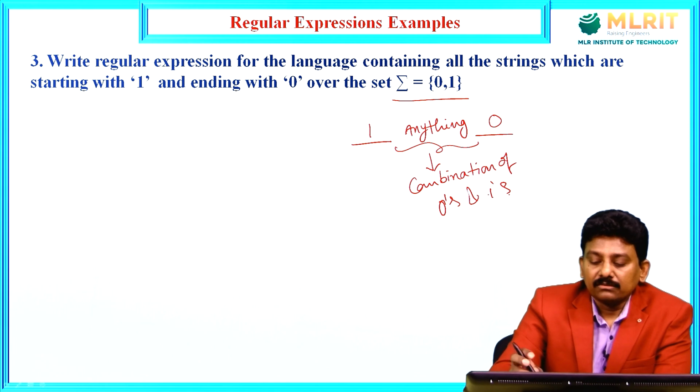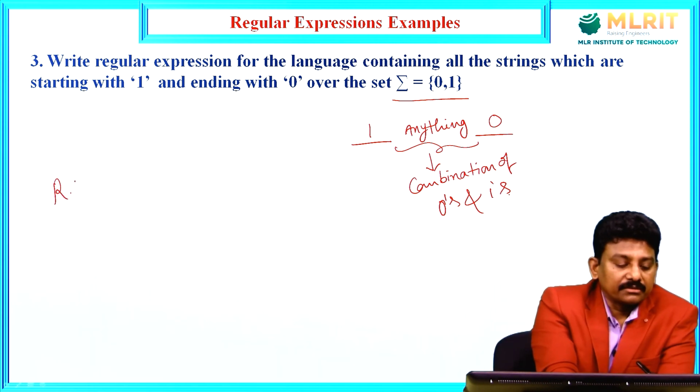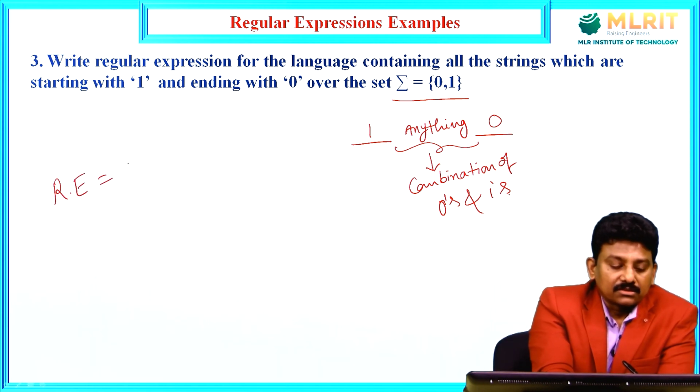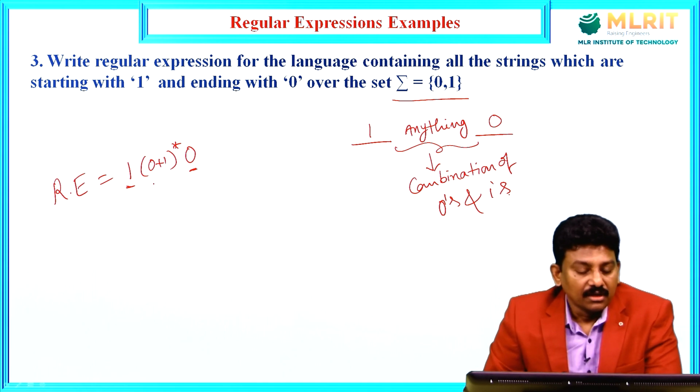So, the regular expression for this is: string begins with 1 followed by anything, that is 0 plus 1 whole star, followed by 0. First symbol is 1, last symbol is 0. In between, we can have any combination of zeros and ones of any length.